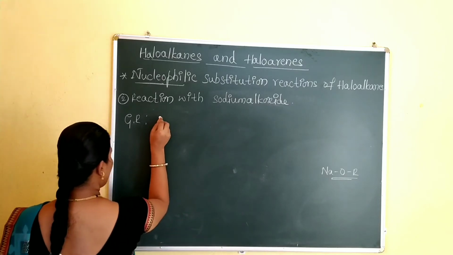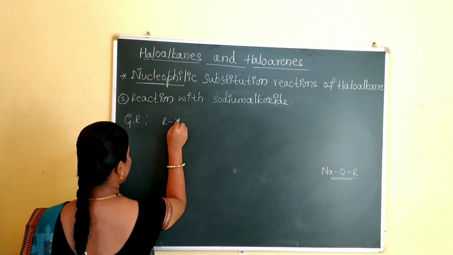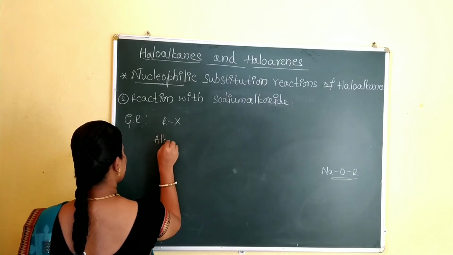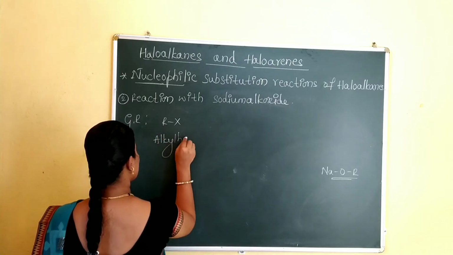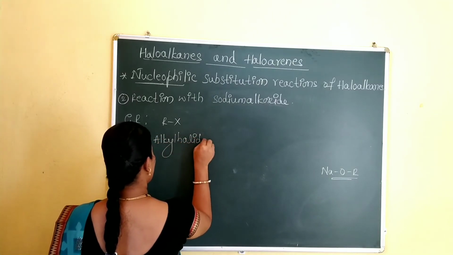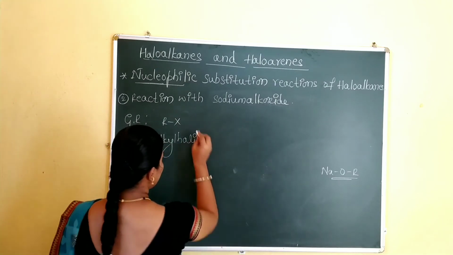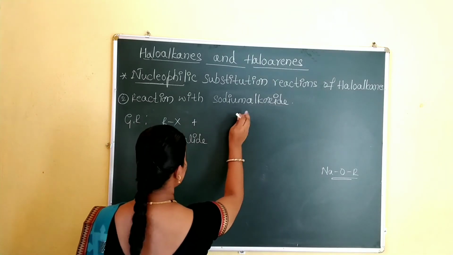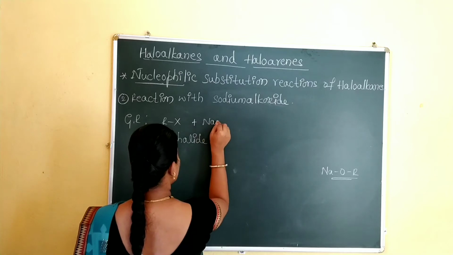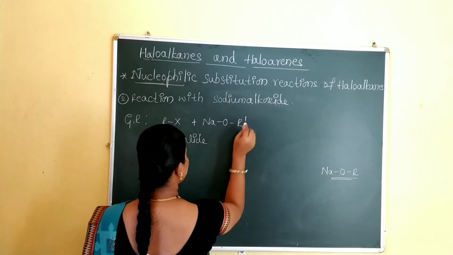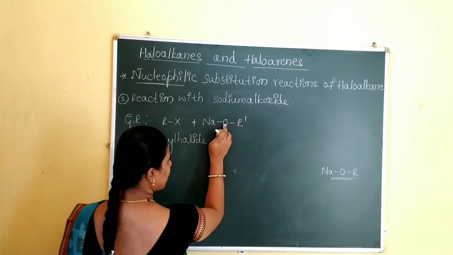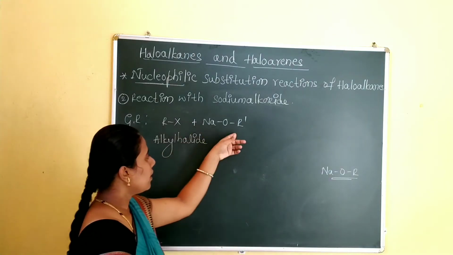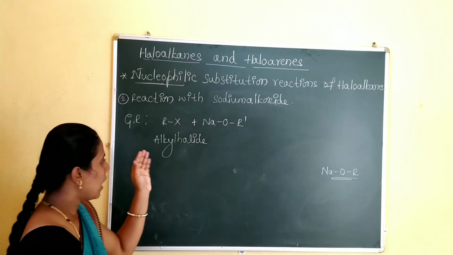When an alkyl halide RX is treated with sodium alkyl oxide, this R and R dash both are alkyl groups.